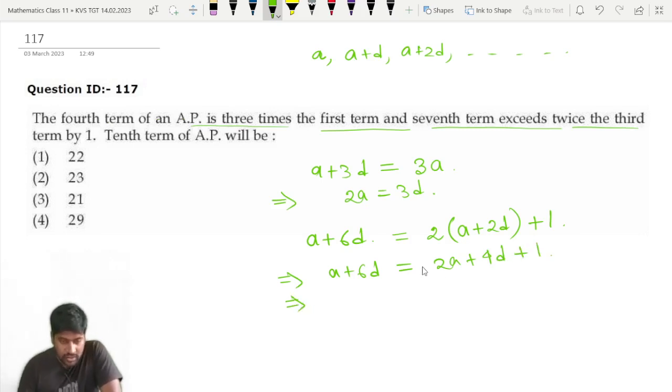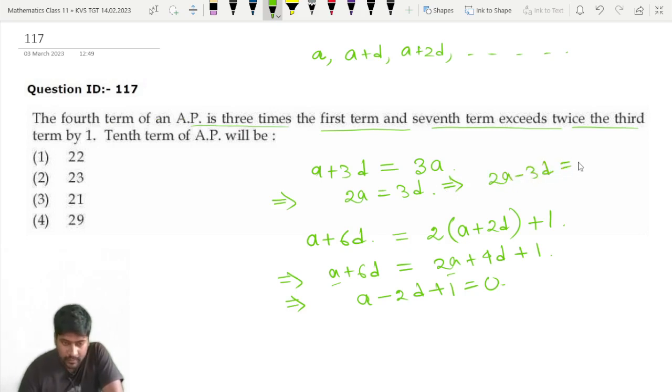Now 2a and a, we will get a, and 4d minus 6d we will get 2d, plus 1 is equal to 0, and this equation I will write like this: 2a minus 3d is equal to 0.